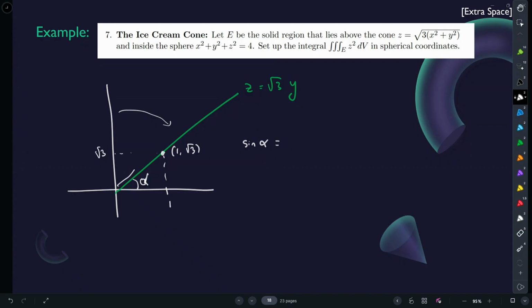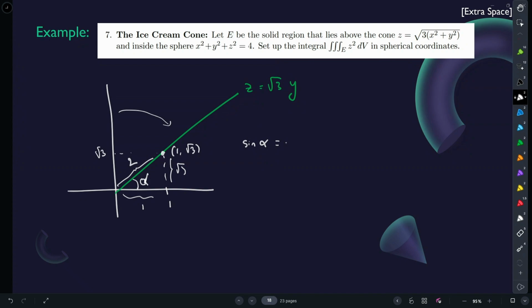So the hypotenuse in that triangle is 2, because it's the square root of 1 squared plus the square root of 3 squared, so the square root of 1 plus 3. So it's the square root of 4, length 2. This length here is the square root of 3, this length here is 1.